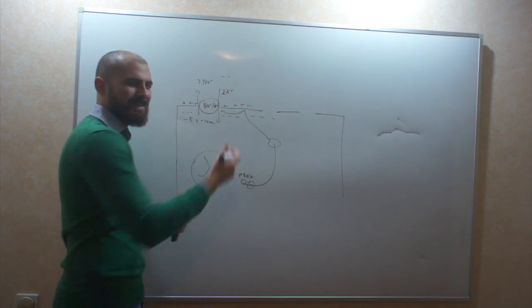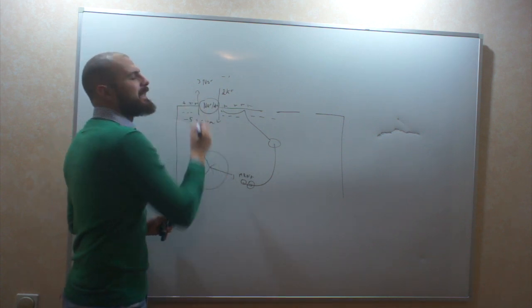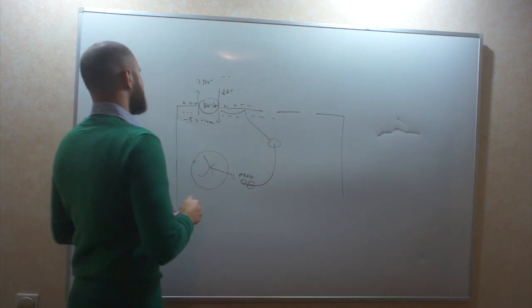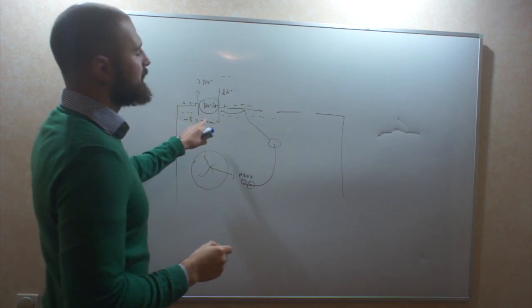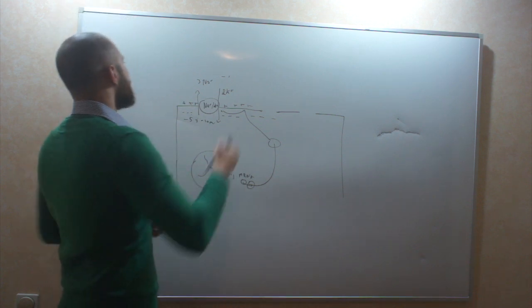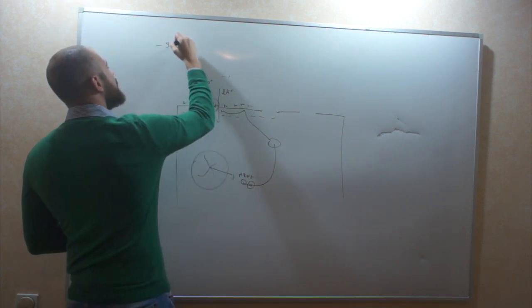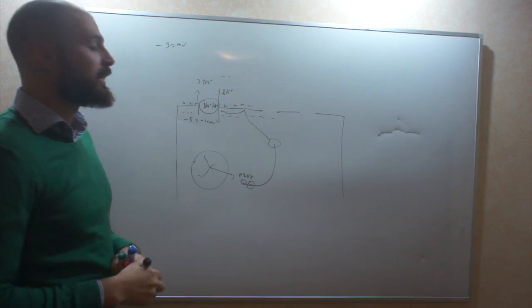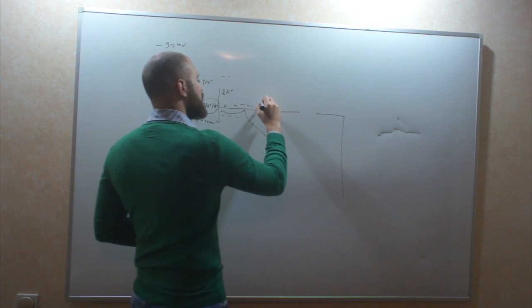It doesn't mean it's negative, like here it's more negative than here. That's what it really means. So it's -5 and -10. So how come you have -90 millivolt? Weird. Well, you have channels here.